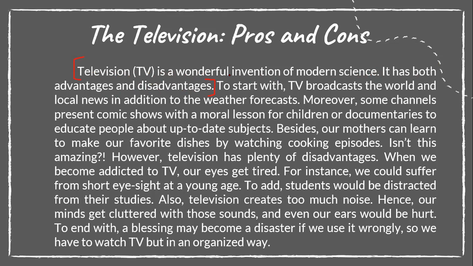So television is a wonderful invention of modern science. So here I'm defining a television. I'm giving a general idea about television. Okay, and then I said it has both advantages and disadvantages. In your writing, you can simply say that. Since you're going to talk about mobile phones, I'm going to show you the writing part in the worksheet.